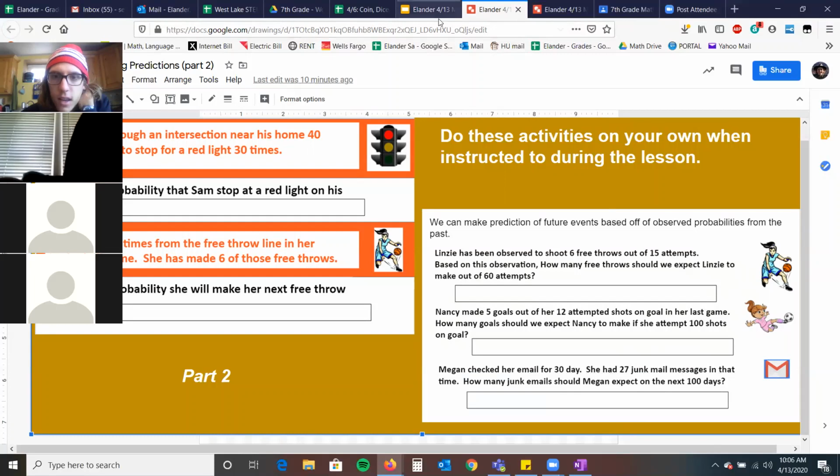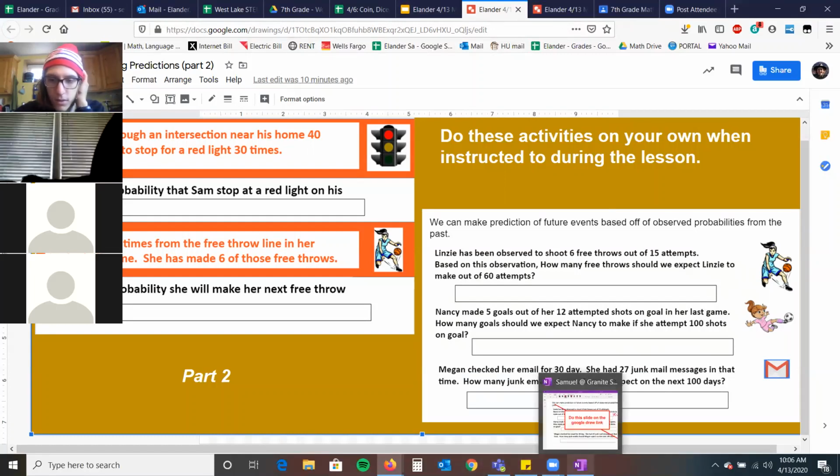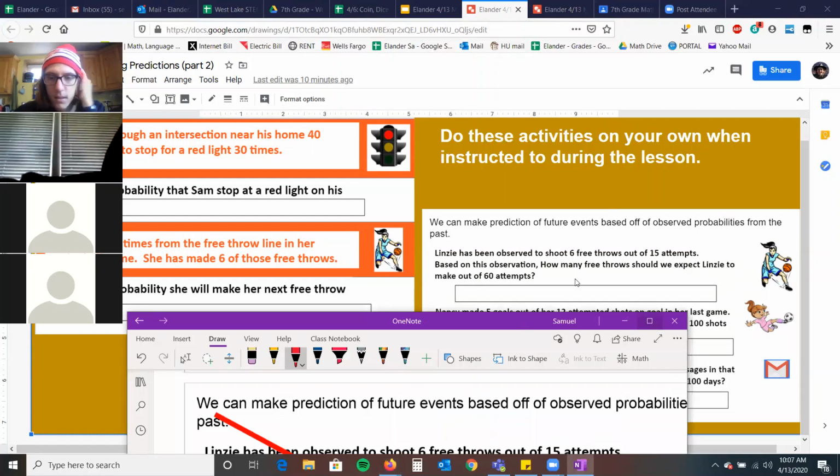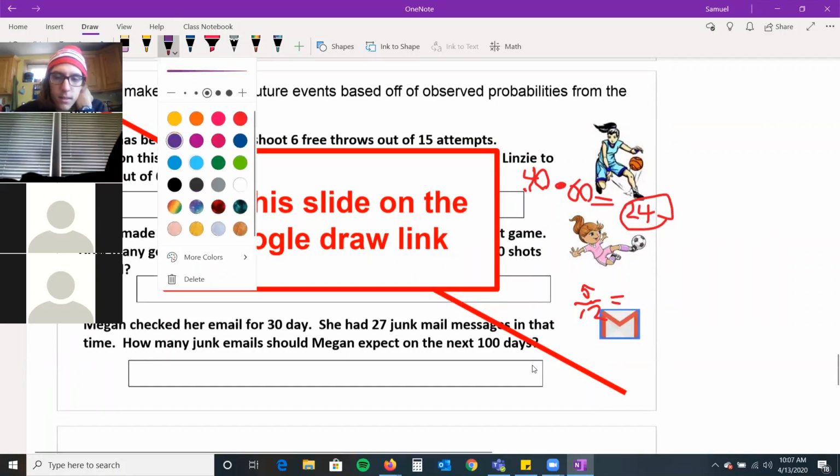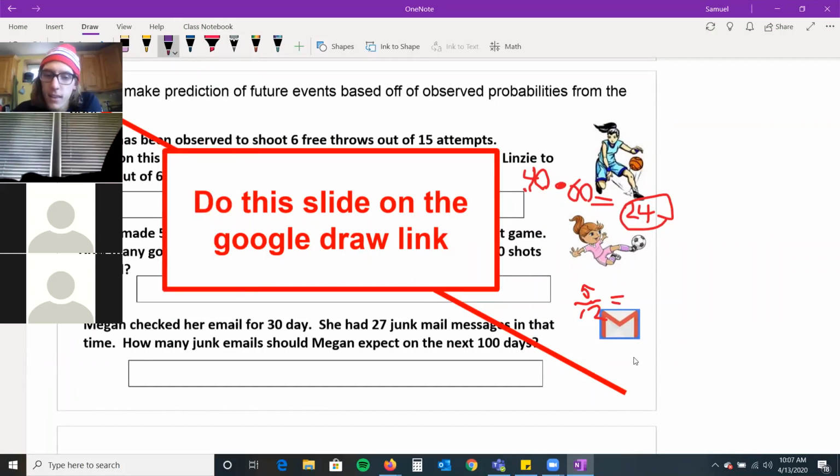So that would be 27 out of 30, right? And 5 out of 12. So not too bad, right? We would say 5 out of 12. That's the probability of her making a goal for shots on goal. That means if she hits it near the net. And then this one says 27 junk mail messages in 30 days.